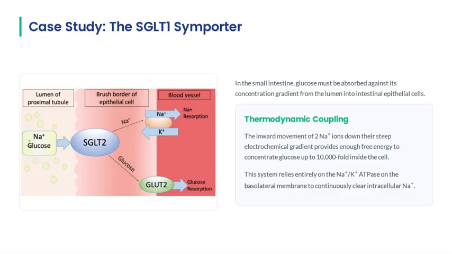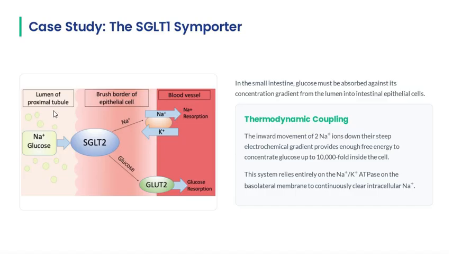So you can see here the Na+ and the glucose with the SGLT2s instead of 1. And this is called thermodynamic coupling. The inward movement of 2 Na+ ions down the steep electrochemical gradient provides enough free energy to concentrate glucose up to 10,000-fold inside the cell.